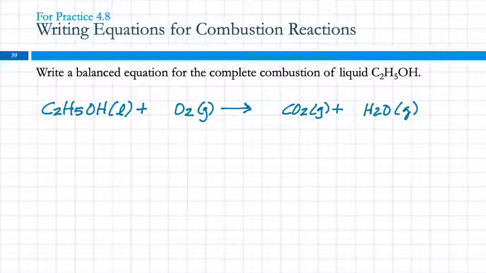We need to balance this. Let's just try balancing by inspection, start with the carbon and just move through and see how that works. How many carbons on the left side of the equation? 2. So that means I need 2 on the right side. So if I put a 2 in front of CO2, then I'll have 2 C's, right? Next, I'm going to do hydrogen.